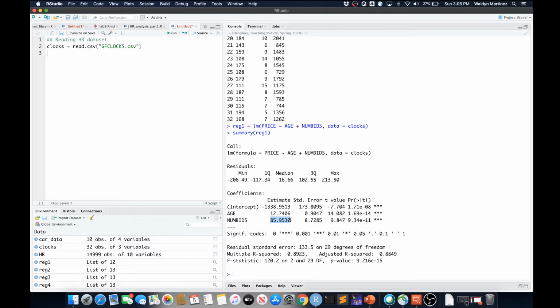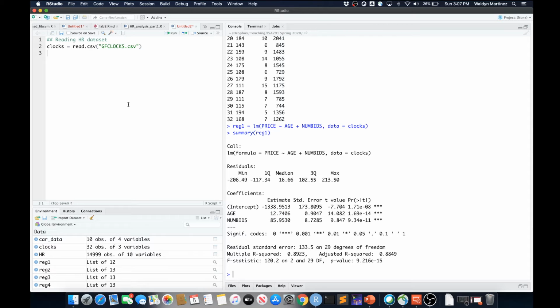For instance, you might think that as age increases, generally the price of the clock increases by about $13, but it depends on the number of bidders. If there are more bidders, then that effect might change as opposed to having fewer bidders. So there might be some sort of interaction between the age and the number of bidders, and we can test that by adding that interaction effect.